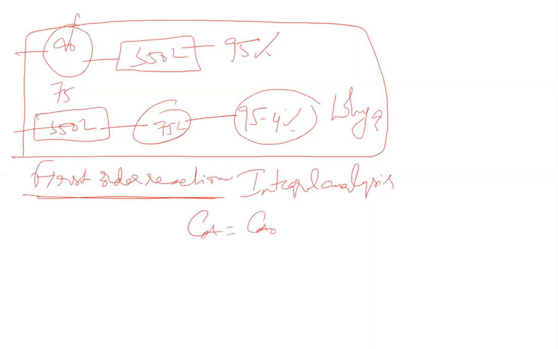CA equal to CA naught into e power minus k into t, or CA naught into 1 minus XA. Maybe we'll start differently.